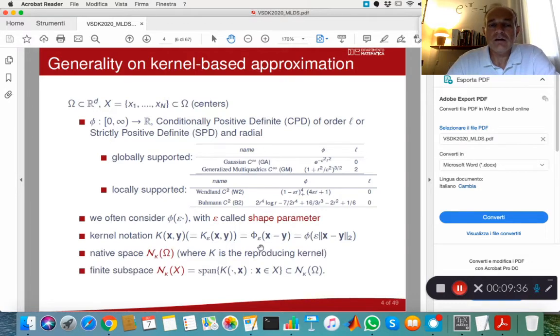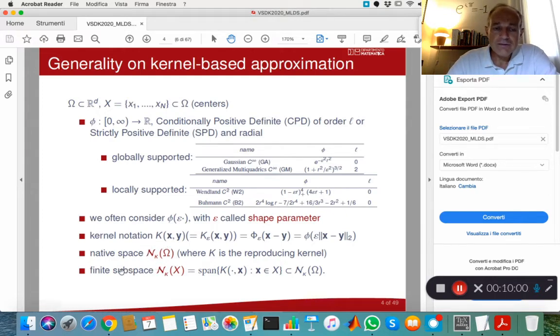There is another concept that you have to keep in mind, the so-called native space. What is the native space associated to the kernel? Essentially it is the space where the kernel is a reproducing kernel, so it's called a reproducing kernel Hilbert space. It's an infinite dimensional space, okay?